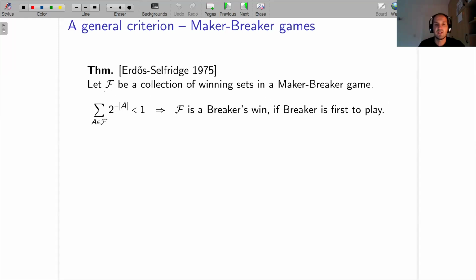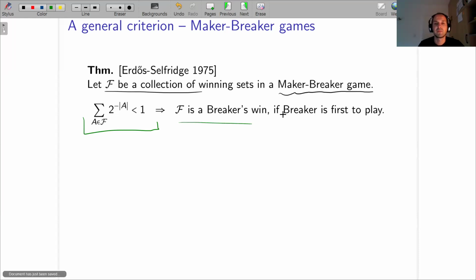If we have a family of winning sets in a maker-breaker game, and we know that the sum over all winning sets of 2 to the minus the size of the winning set is less than 1, then F is a breaker's win. And this is the theorem.